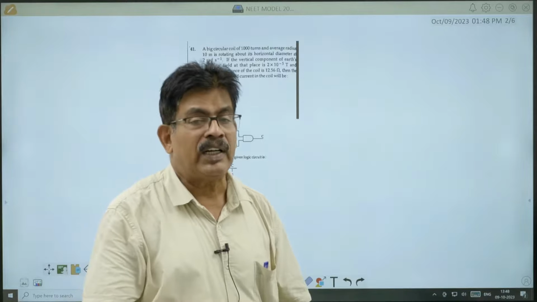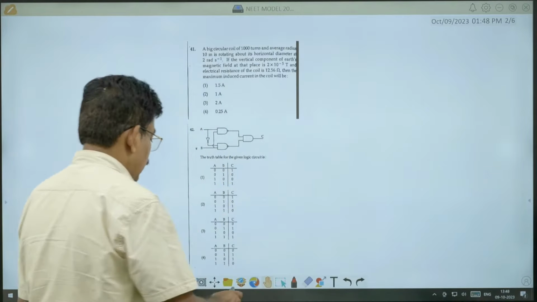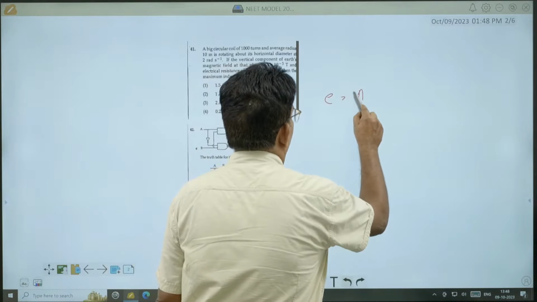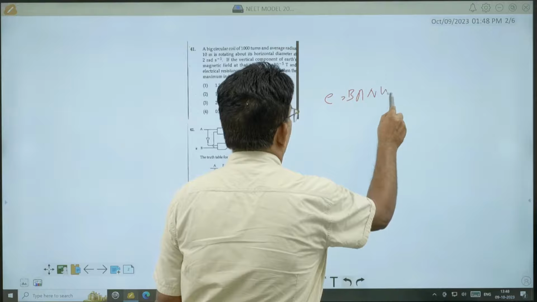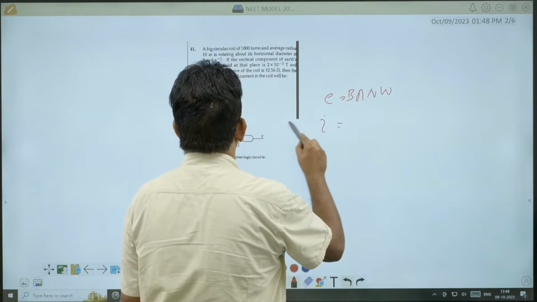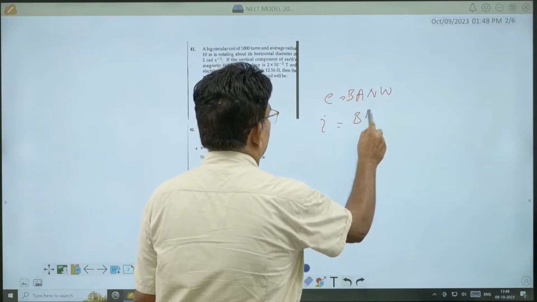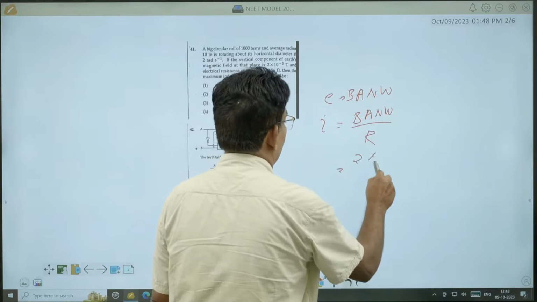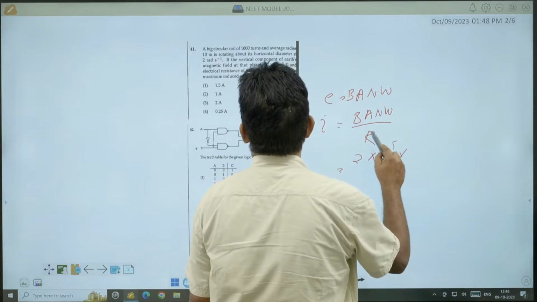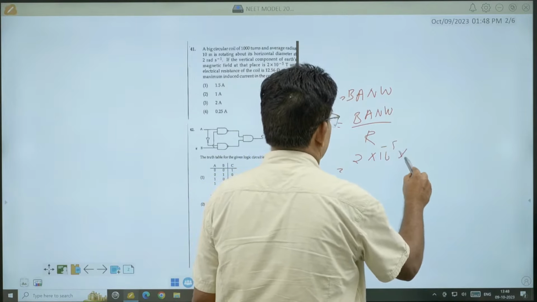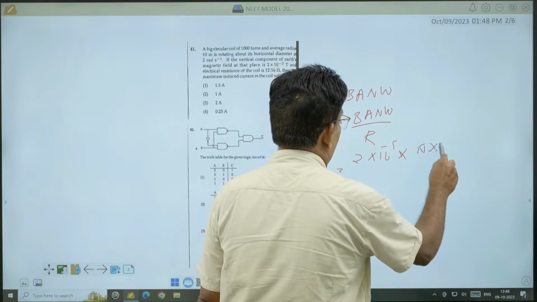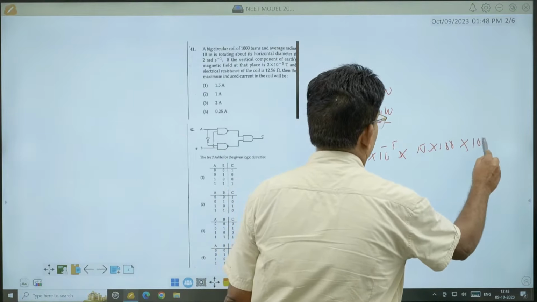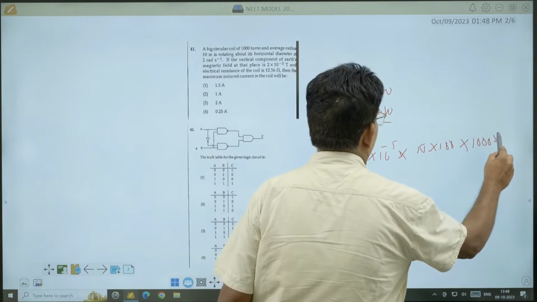We are getting an alternating induced EMF, and maximum induced EMF will be NAB omega, and the maximum induced current will be NAB omega by R. So B is given to be 2 into 10 to the power of minus 5. Radius is 10 meter, means area will be pi into 100, pi r squared, into number of turns 1000, and angular speed is given to be 2 radians per second.